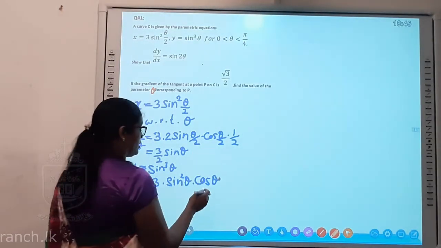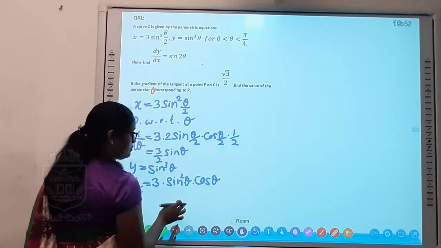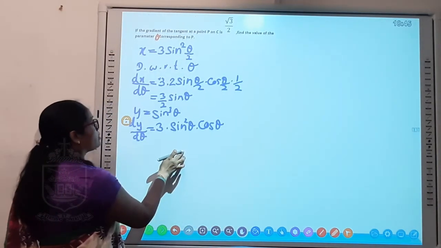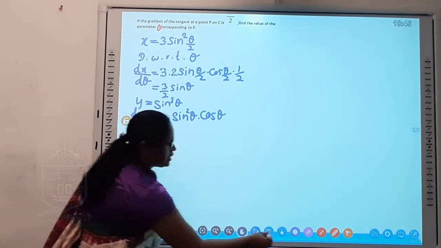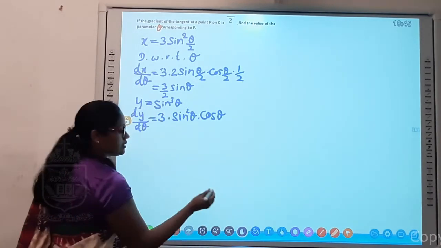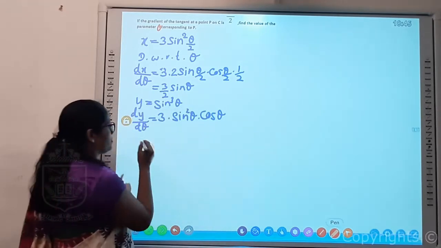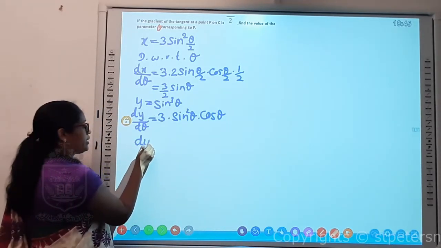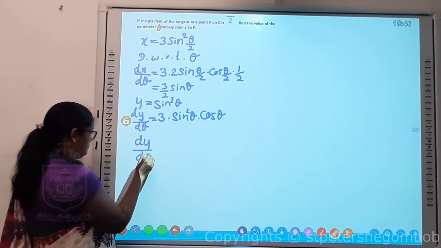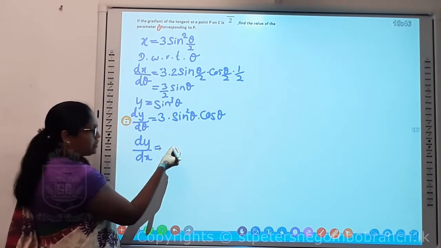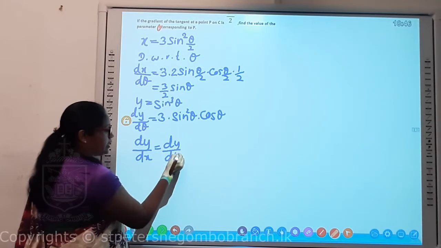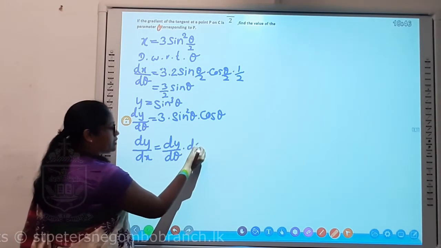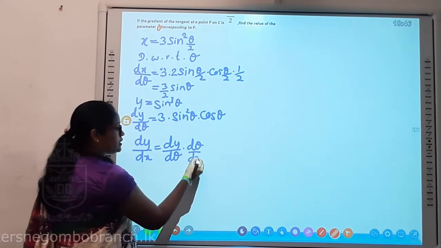Now we will try to find dy over dx. We apply the chain rule for this. We can write this as dy over d theta times d theta over dx.